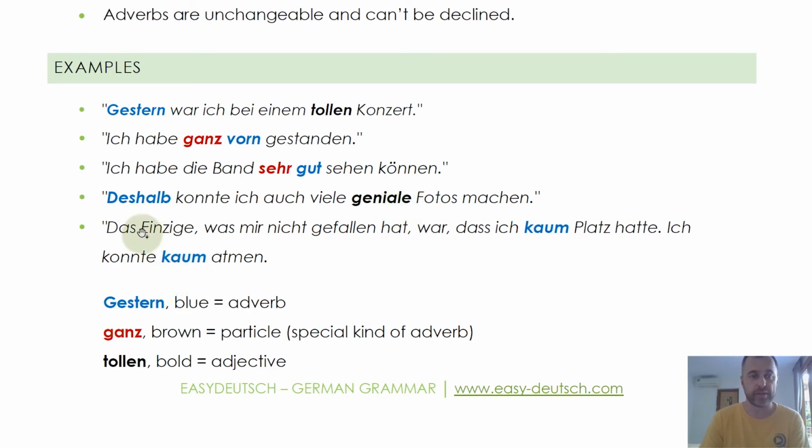Last example hier. Das Einzige, was mir nicht gefallen hat, war, dass ich kaum Platz hatte. Ich konnte kaum atmen. Here we have the adverb kaum. So the only thing that I didn't like was that I barely had space. I could barely breathe.